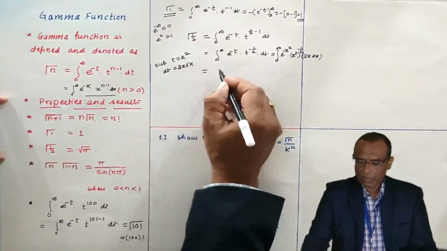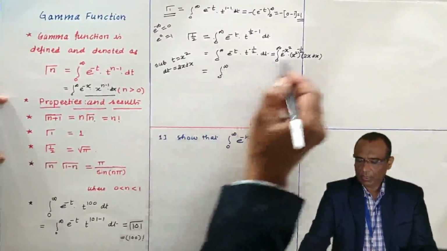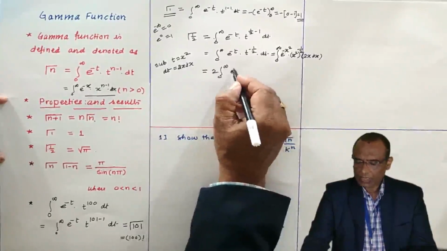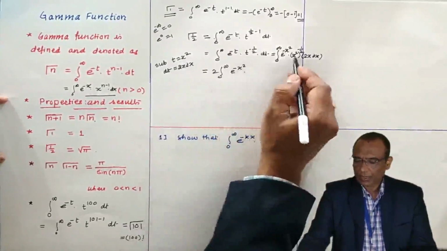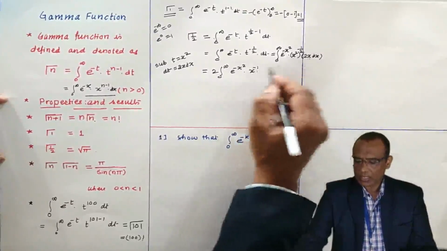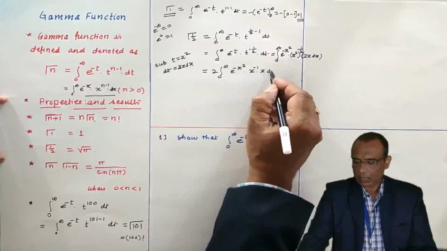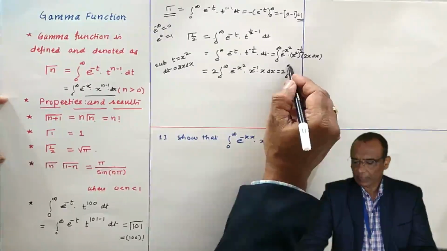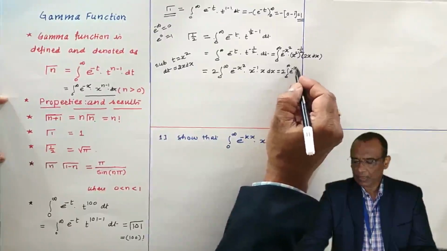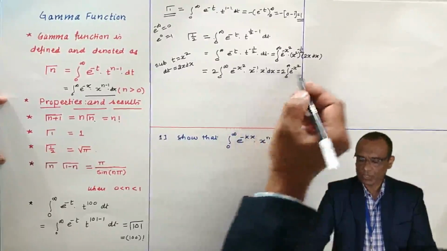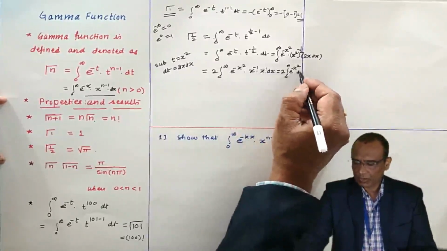In the next step, from 0 to infinity, you can take 2 outside, then e power minus x square. This 2 gets cancelled, x power minus 1, and this x is as it is. Then in the next step, it is 2 times the integral from 0 to infinity of e power minus x square, x raised to minus 1 into x raised to 1, which is x raised to 0, and x raised to 0 is 1.